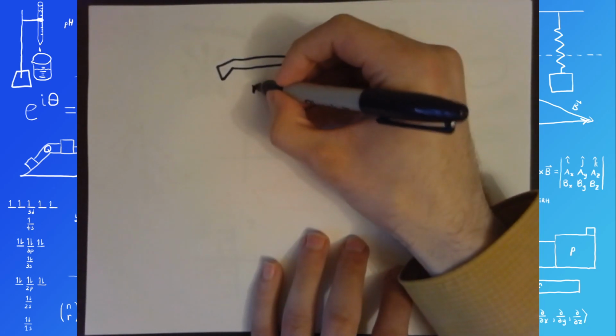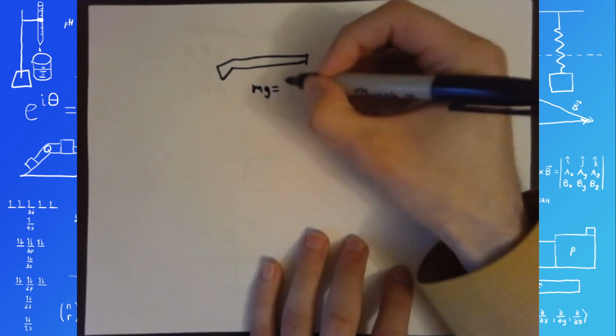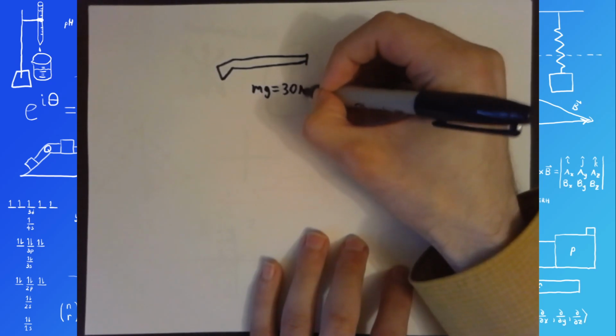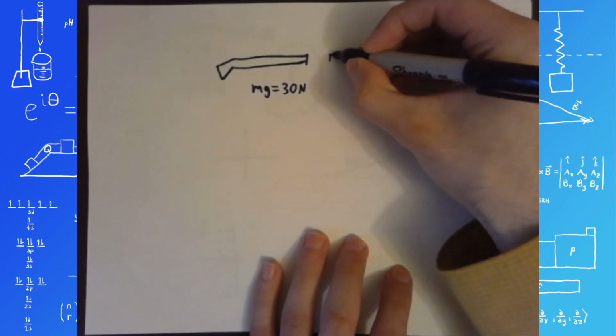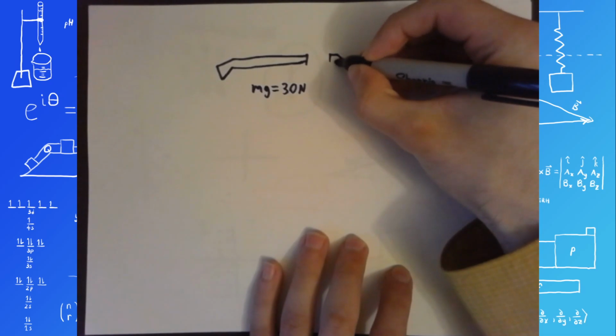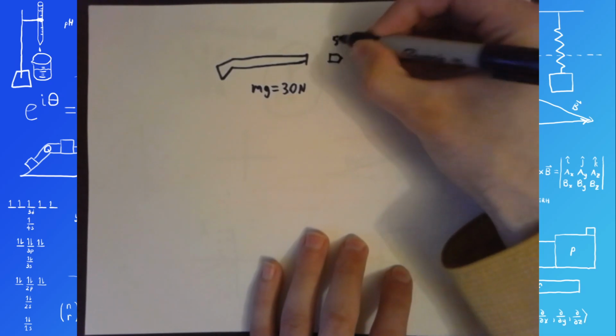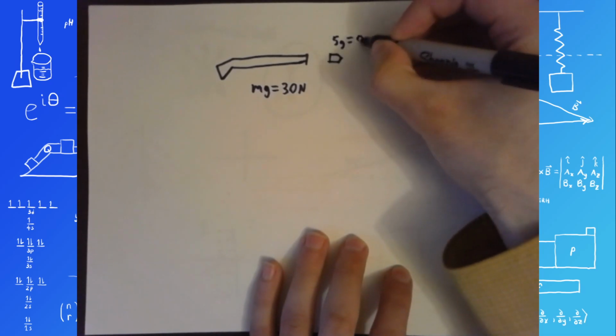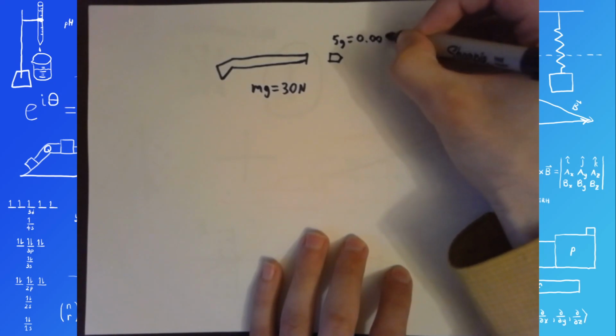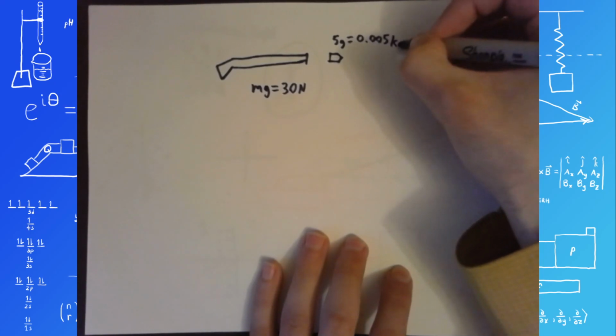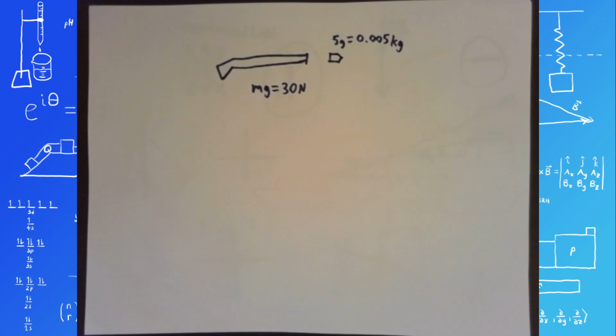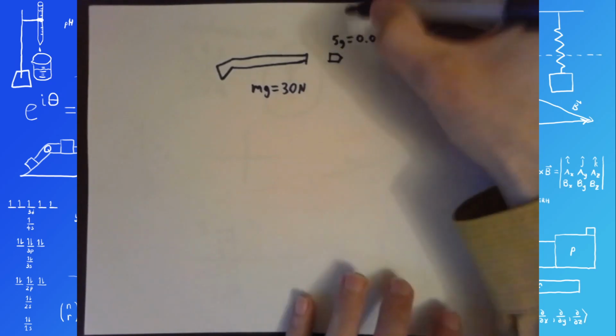So mg equals 30 newtons, and the bullet that gets fired out of it is 5 grams, which is the same as 0.005 in kilograms. And it's fired out with a speed of 300 meters per second.